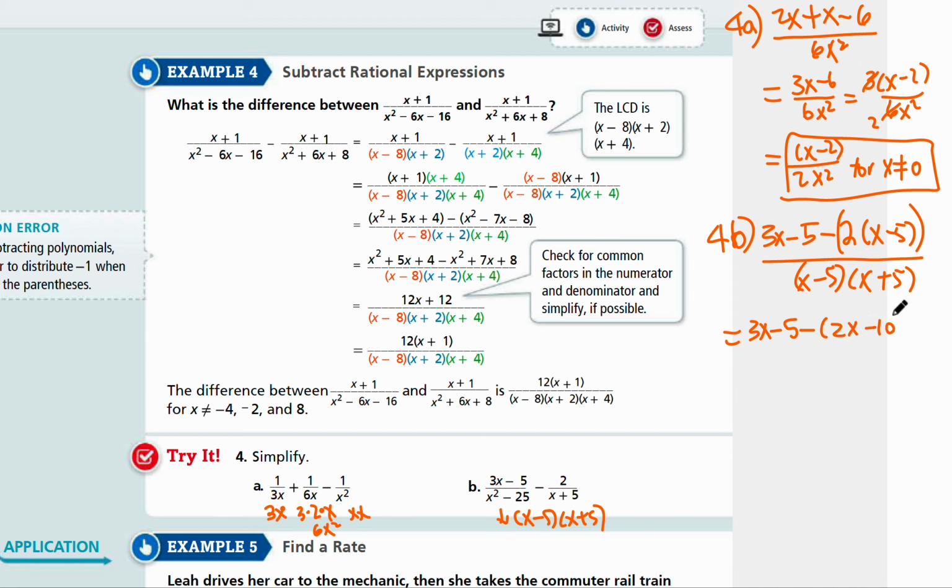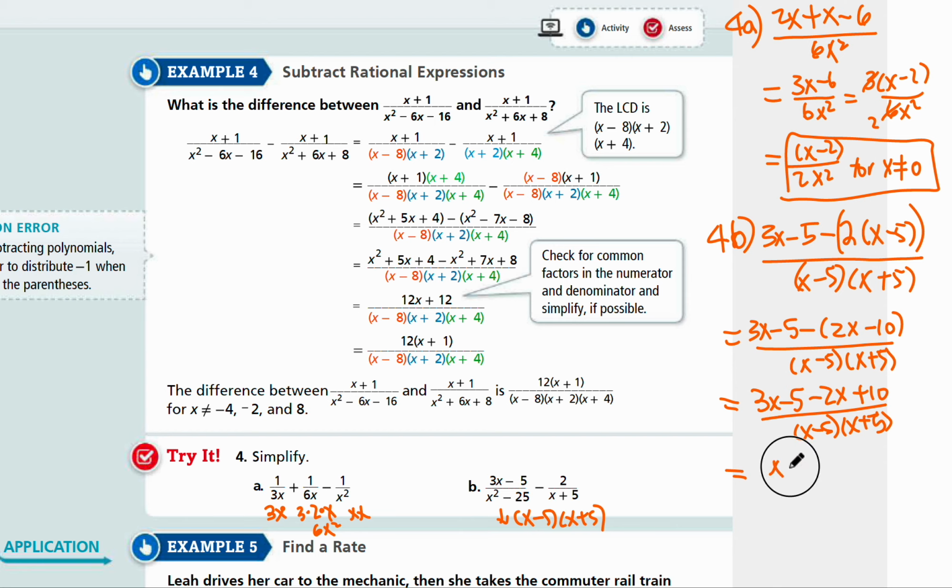minus 2x minus 10 all over the same factors. And you have 3x minus 5 minus 2x plus 10. And then you simplify, you're going to have x plus 5 all over x minus 5 and x plus 5.